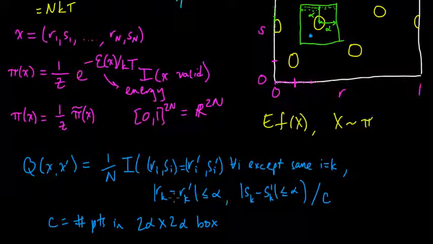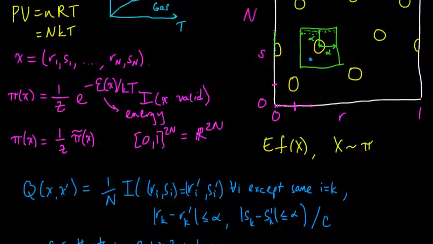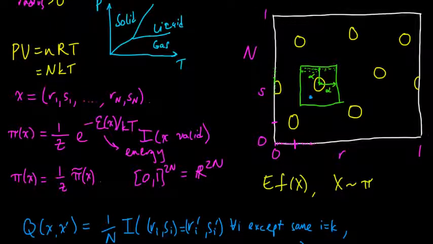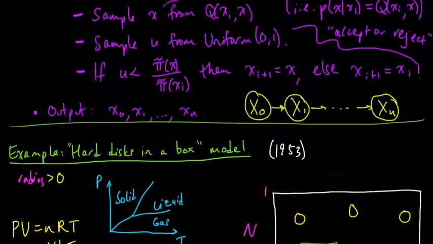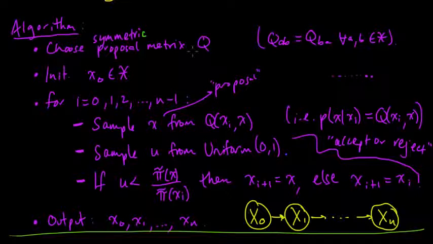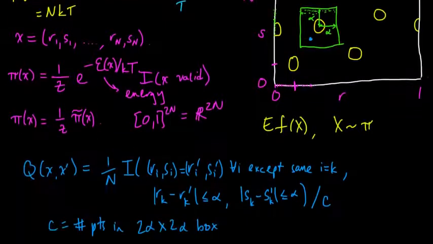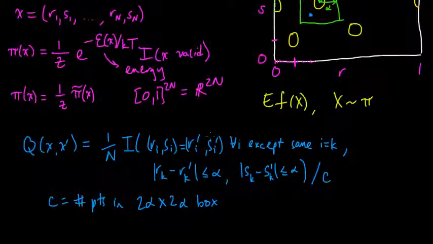Okay, so that's our proposal matrix. Hopefully that's clear. Oh, and we need it to be symmetric. So let's just verify that. Well, this is clearly symmetric between x and x prime here, and these are symmetric also. That's pretty clear. So this is indeed symmetric.